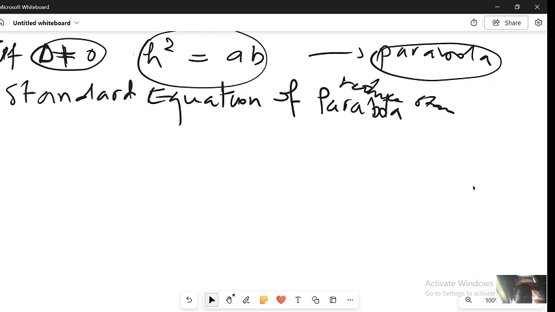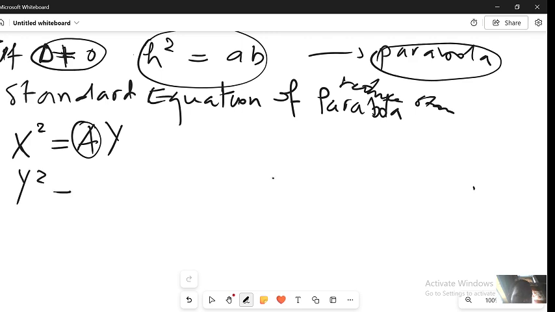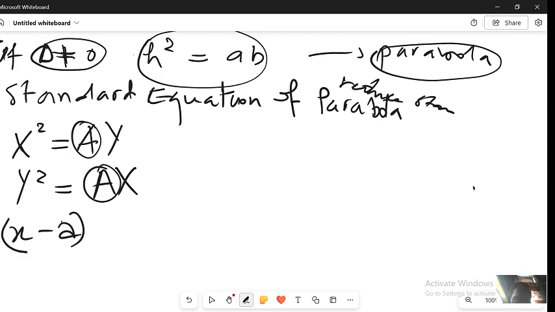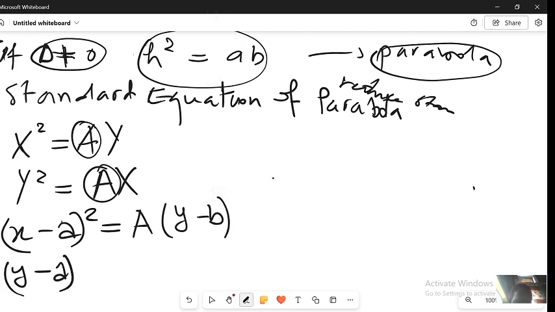The standard equations of parabola are going to be either x square equal hy, with h a constant value, or can be y square equal hx, where h is also a constant, or can be either (x minus a) square equal h(y minus b), or (y minus a) square equal H(x minus b).